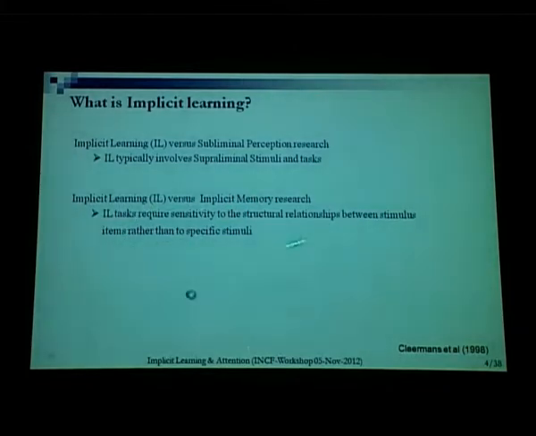Unlike that, what characterizes and distinguishes implicit learning is that this learning is sensitive to the structural relationship between stimulus items, not as much to the specific stimuli themselves. So what follows what, the relationship, is what is emphasized.